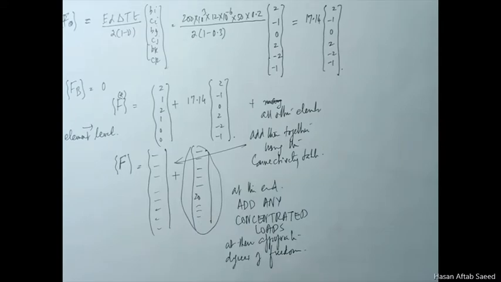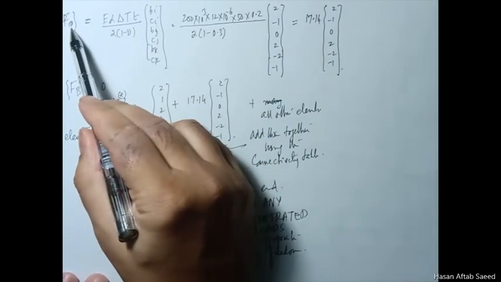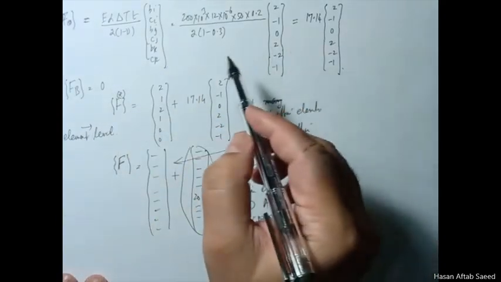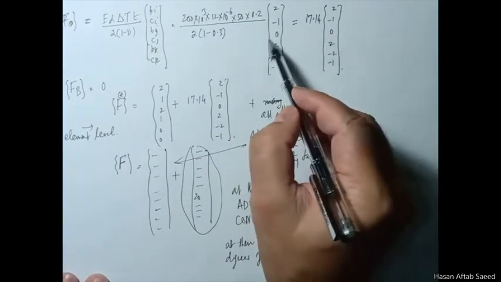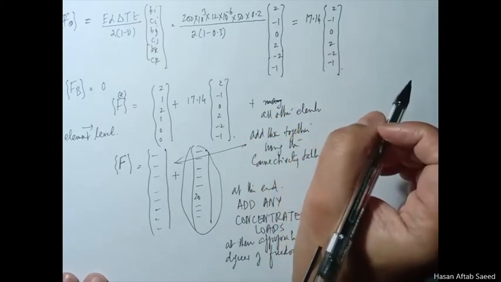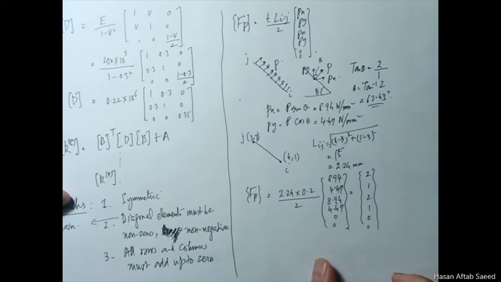So this completes the first part of this problem. We were able to make the K matrix for the element, and then we were able to calculate the initial force vector because of temperature, and the body force was 0, and the pressure force vector. This one is initial force, and the pressure force is this one.